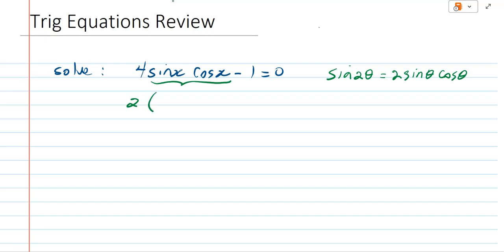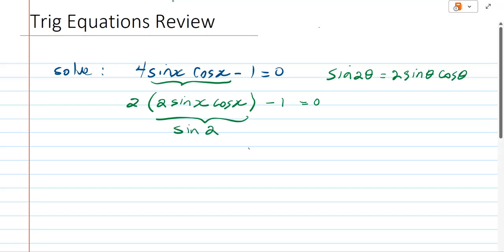So that becomes 2 sine x cos x, close the bracket, minus 1, set equal to 0. Well, this is sine of 2x. So we rewrite that, the 2 is in front of it, so 2 times sine of 2x minus 1 is equal to 0.